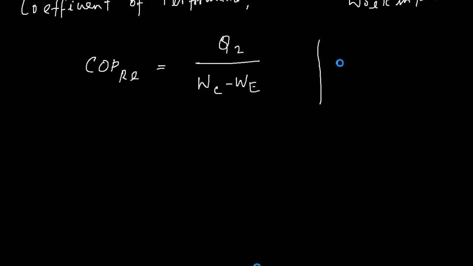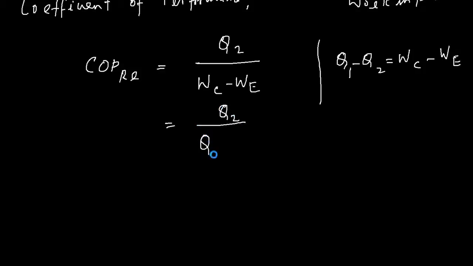But based on the first law, we can say Q1 minus Q2 equals WC minus WE. Therefore it will become Q2 over Q1 minus Q2, or you can say that is Q2 over net work or net heat, both the same.